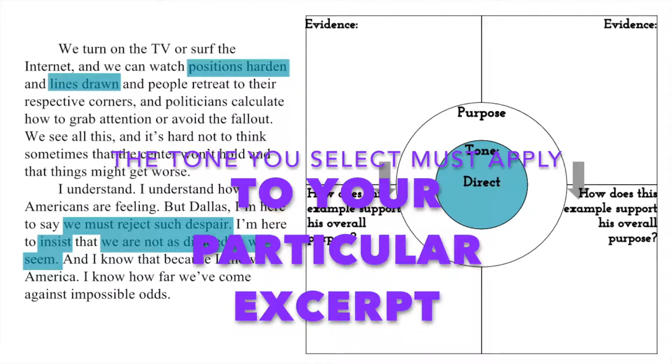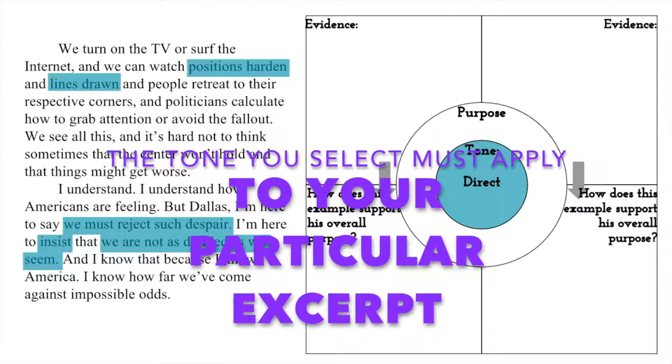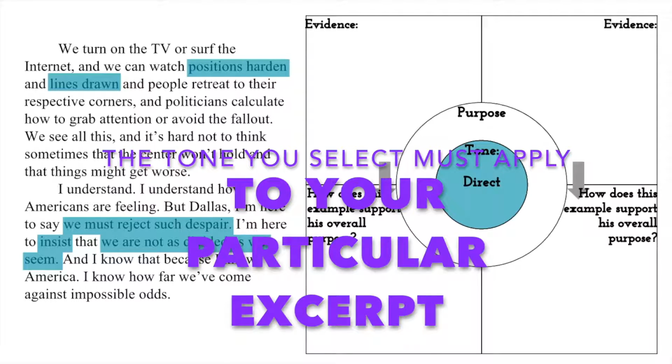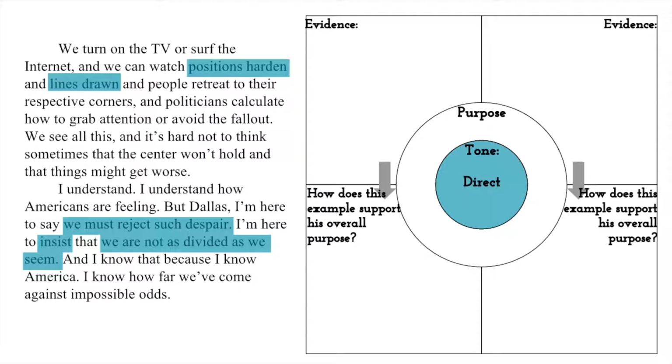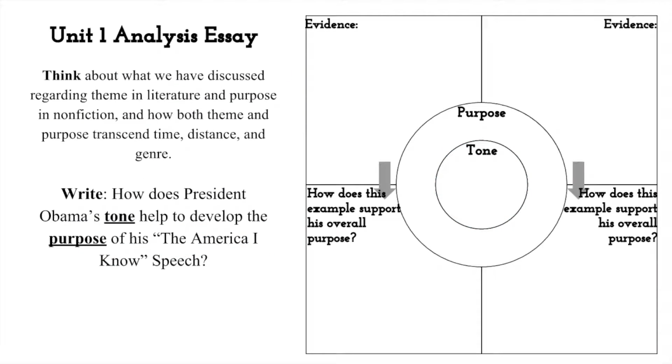So look back at your excerpt and see if there are words or phrases that you can pinpoint that support the tone you've selected. If you can't find words or phrases to support the tone you've selected, then you need to re-identify the tone in your center circle. The next thing you must identify in order to successfully answer the prompt is President Obama's purpose in his speech.